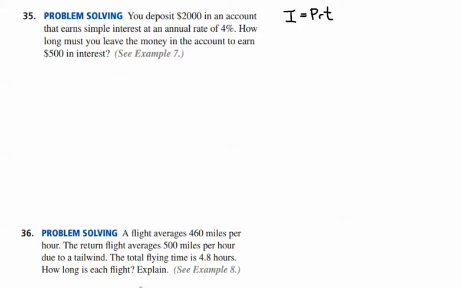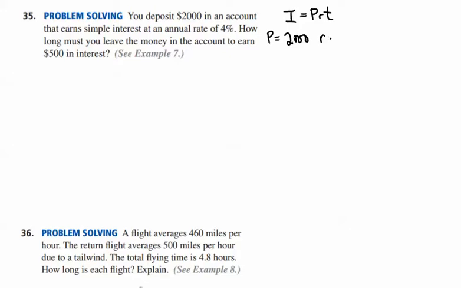Well, in many problems like this, we may be given a number of pieces of information and we'll have to find one or more missing pieces. So if we start to go through the problem, we see we deposit $2,000 in an account. So $2,000 deposited, that's our principal. That earns simple interest at an annual rate of 4%.